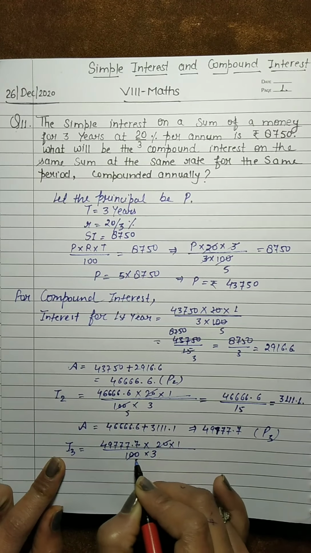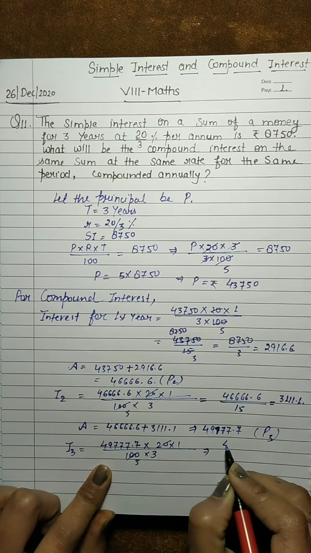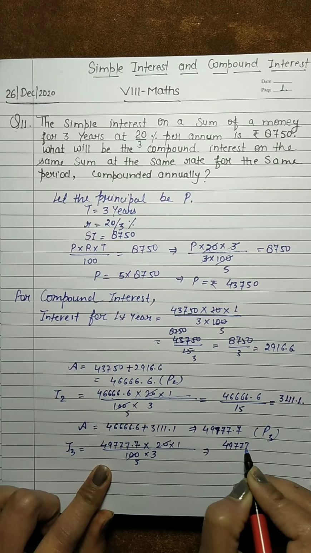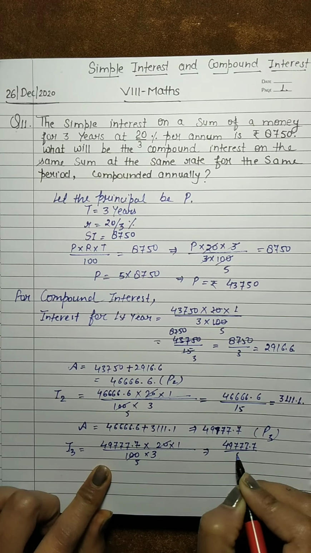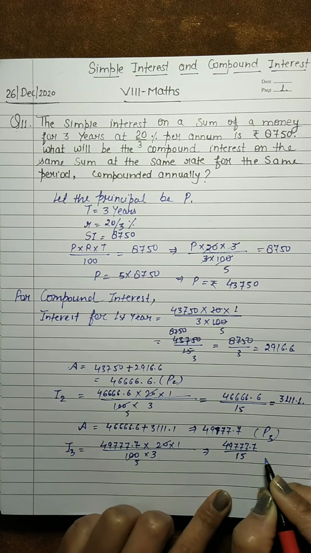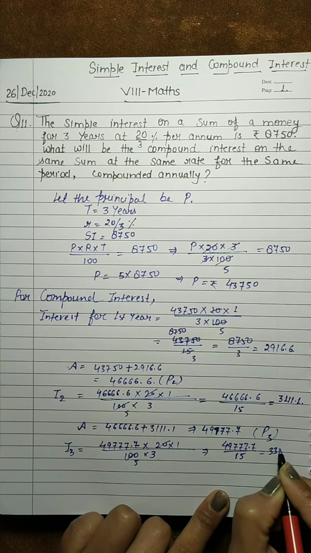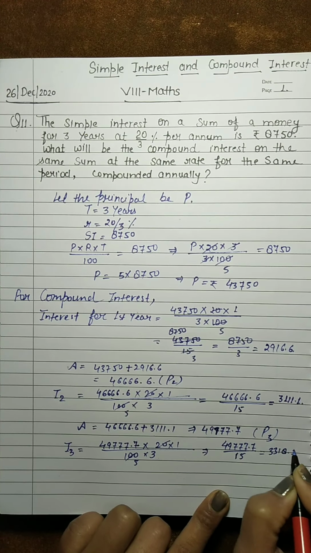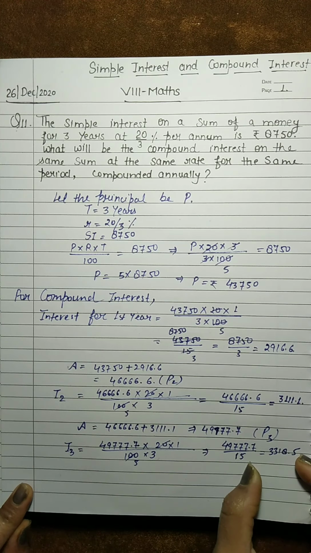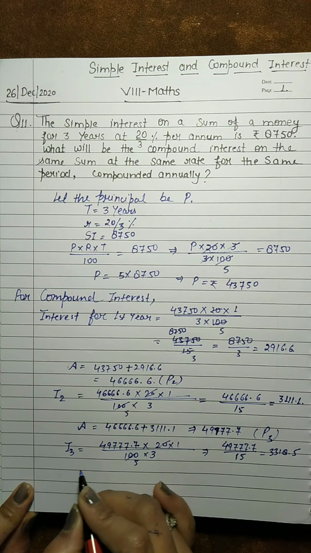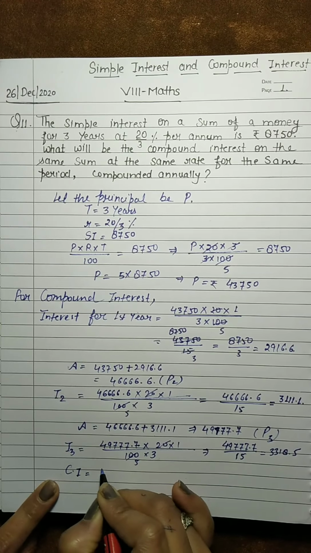Okay, so 25 is 100, so that is 49,777.7 upon 5 3s are 15, so we get 3318.5. Okay, so that is the interest for third year.